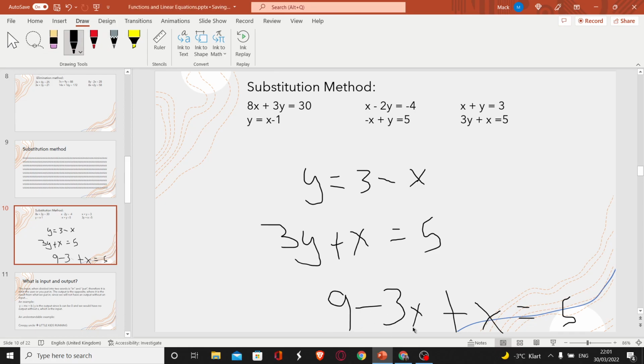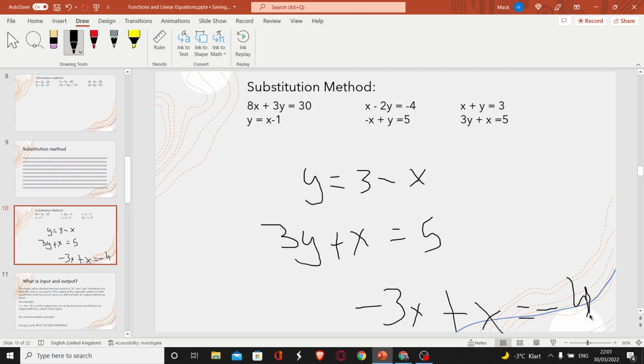Minus 3x. And now what I'll do, I'll subtract 9 on both sides, so I can get rid of this 9 on one side, and 5 minus 9 is -4.